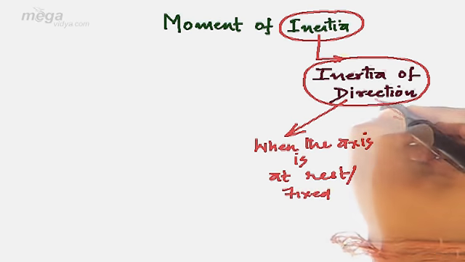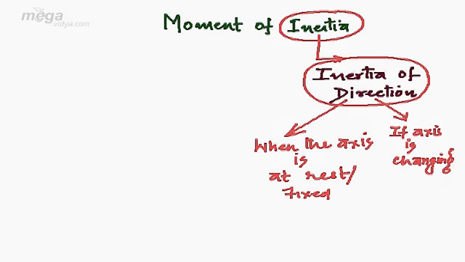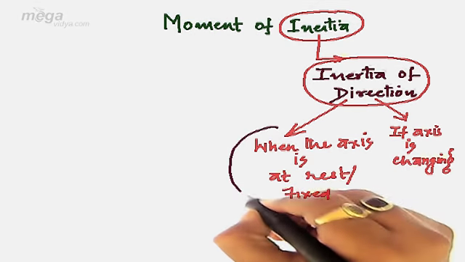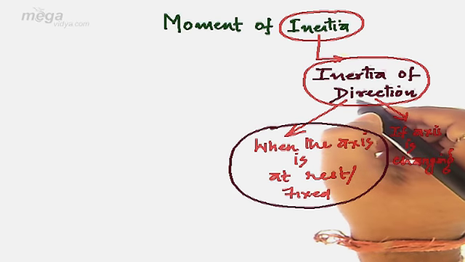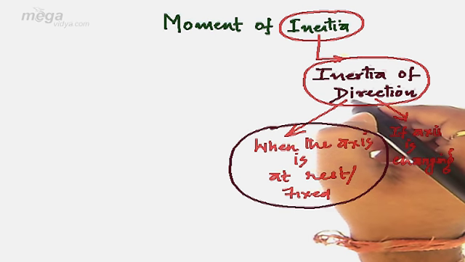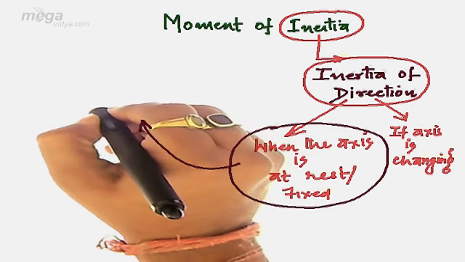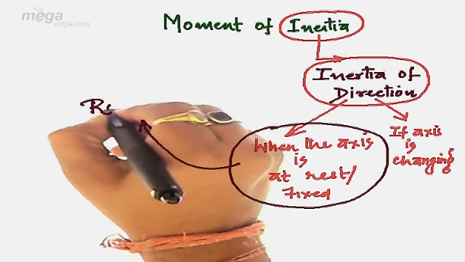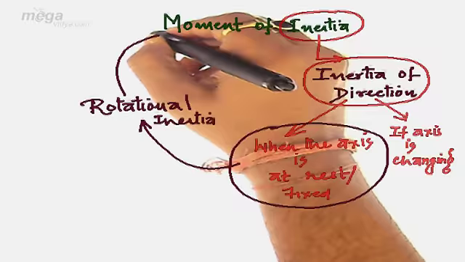And second, the axis is changing. So, what will happen if the axis is fixed? If the axis is fixed, the body will rotate about a fixed axis, and the inertia of direction can be called rotational inertia, which is the same as moment of inertia.